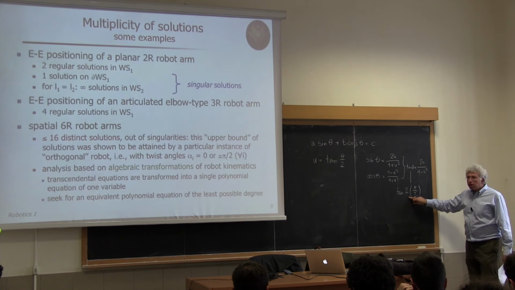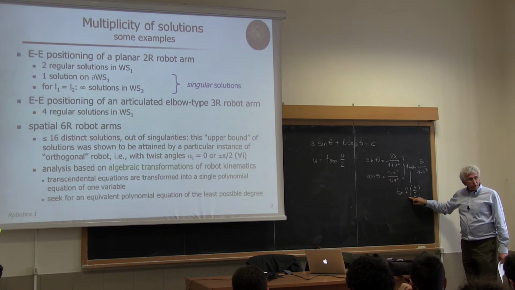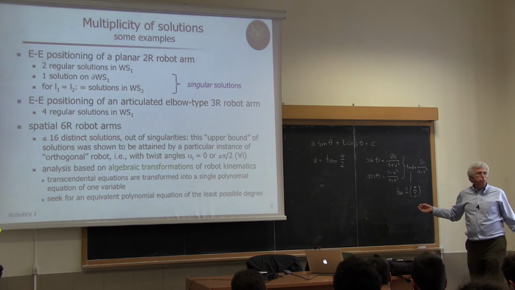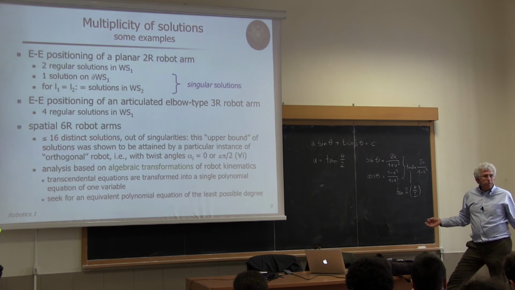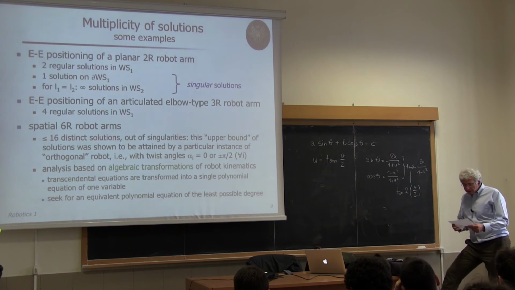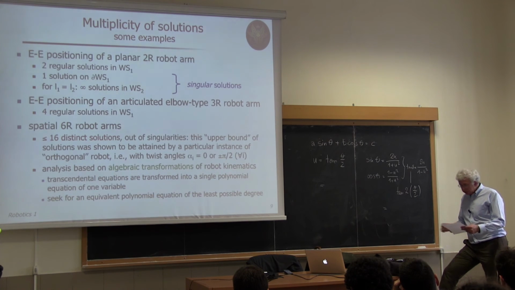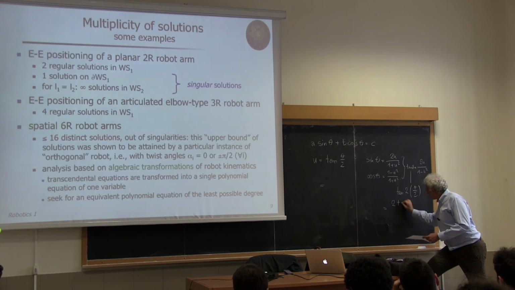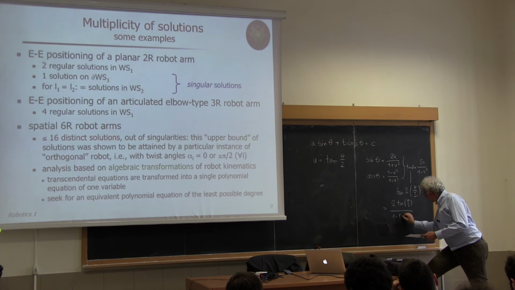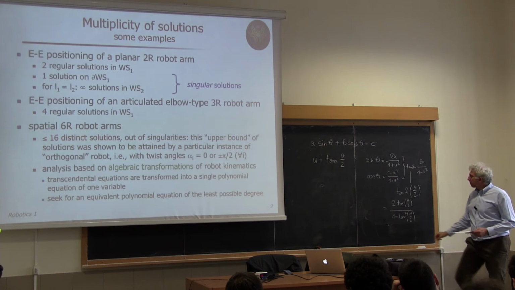But now I use the duplication formula for the double of an angle. So for instance, sine of 2 theta, you know that is 2 times sine times cosine of the angle. And there are similar formulas for the duplication of the tangent, and I have the expression here. This is just 2 times tangent of theta over 2 divided by 1 minus tangent squared of theta over 2.